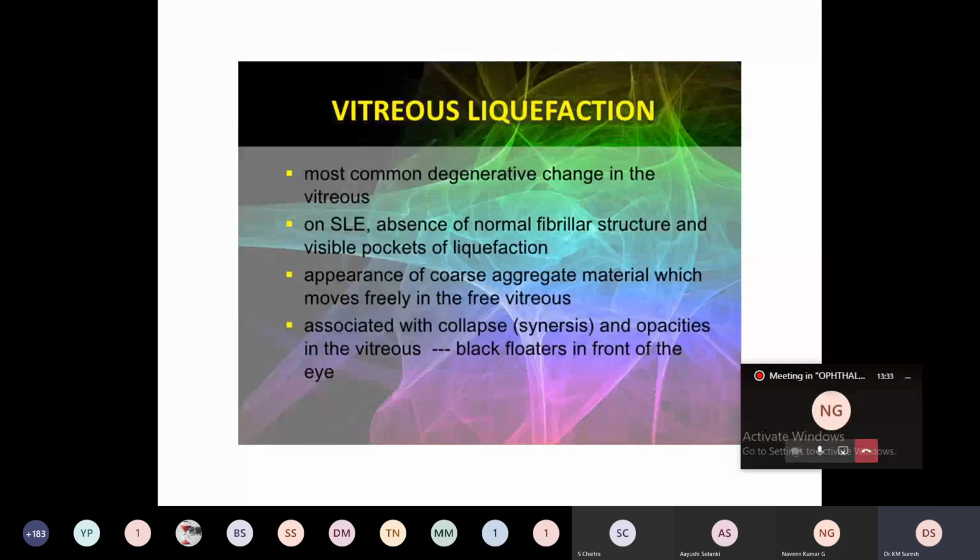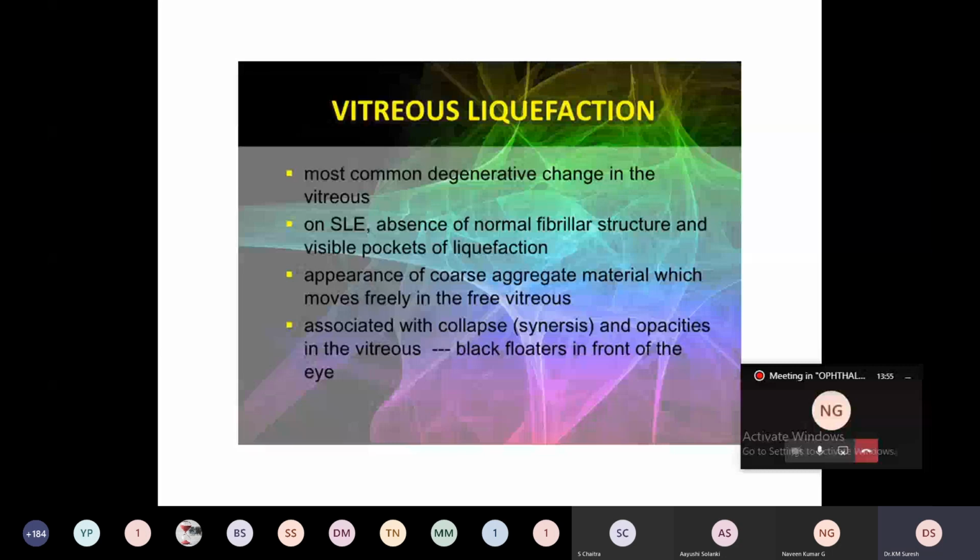Most common, as I told you earlier, is the degenerative change in the vitreous. How do you identify? Normally patient comes with floaters, and on slit lamp examination, absence of normal fibrillar structure and visible pockets of liquefaction, and there is appearance of coarse aggregate material which moves freely in the vitreous.